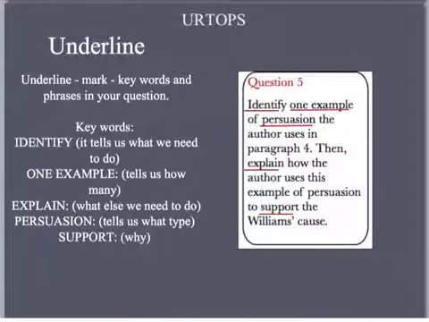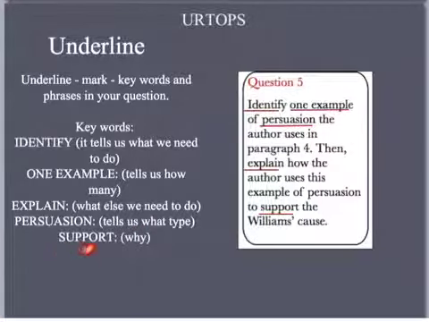I chose the word identify because it tells us what we need to do. I chose the word example, or one example, because this tells us how many things we need to identify. I chose the word explain because this is something else we need to do. The word persuasion is important because it tells us what type of thing we need to identify and explain.